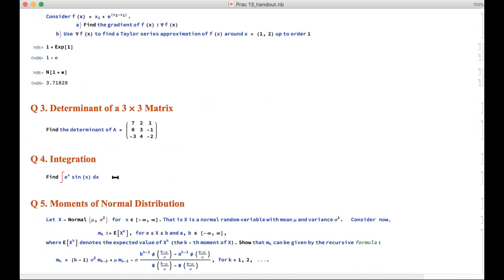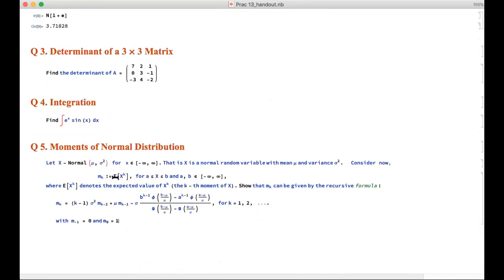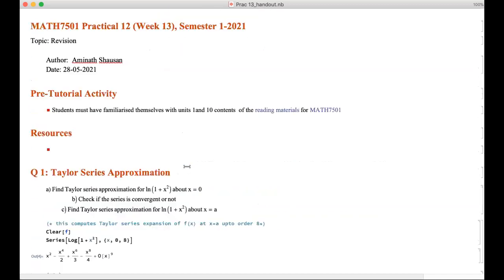The third question is about finding determinant of a 3 by 3 matrix. Fourth question is integration. You will need integration by parts. Fifth question is a little bit long, but you must have done something like this in your assignment, but this is a different version. Okay.